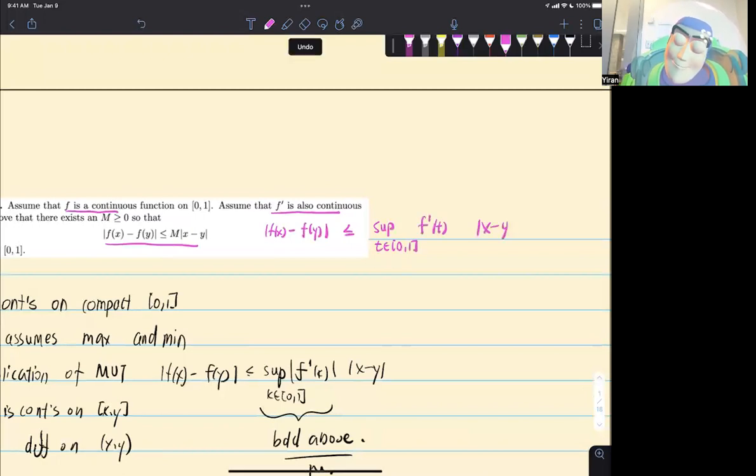So this is a corollary after the mean value theorem. And because f prime is continuous on the compact interval, it attains its maximum. Therefore, it is equal to this. And then we're done.